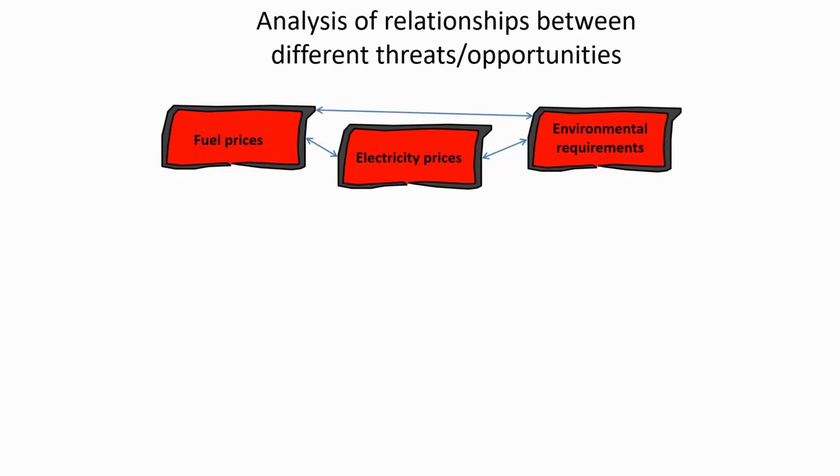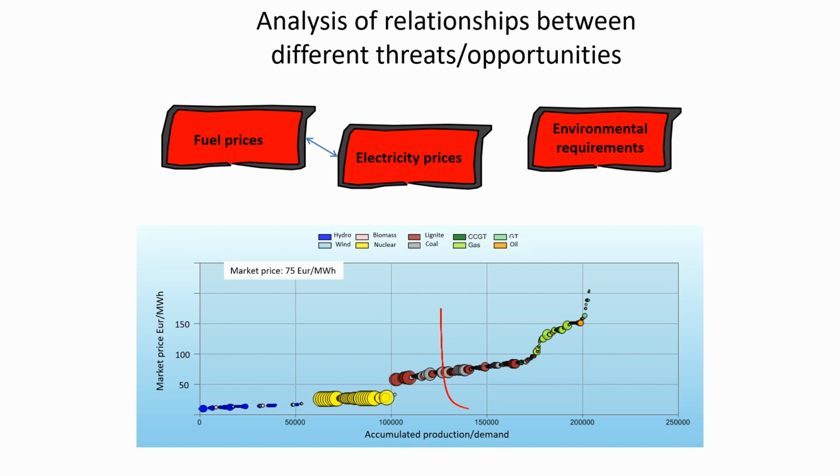liberalism. Another important connection between threats and opportunities was the connection between fuel prices, environmental requirements, and electricity prices, which manifested themselves on the electricity market. In this figure, you can see the supply and demand curve here.